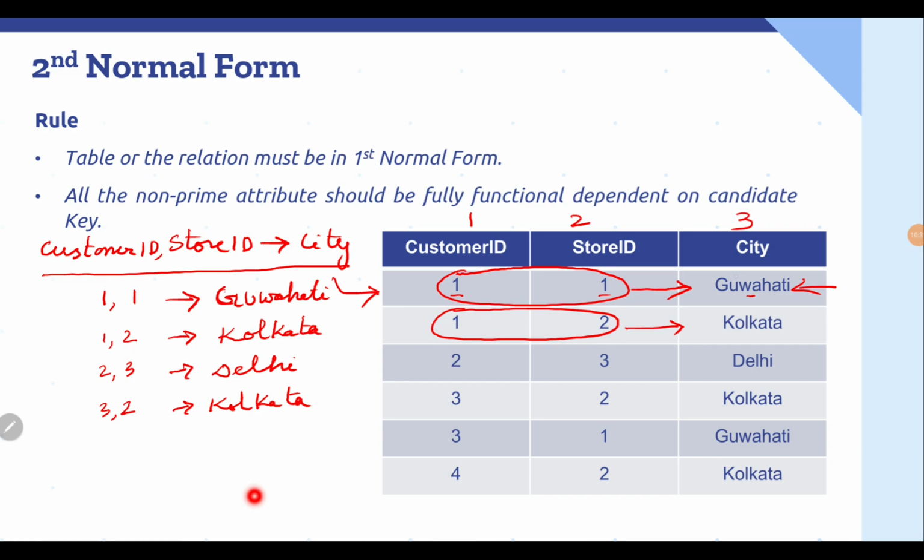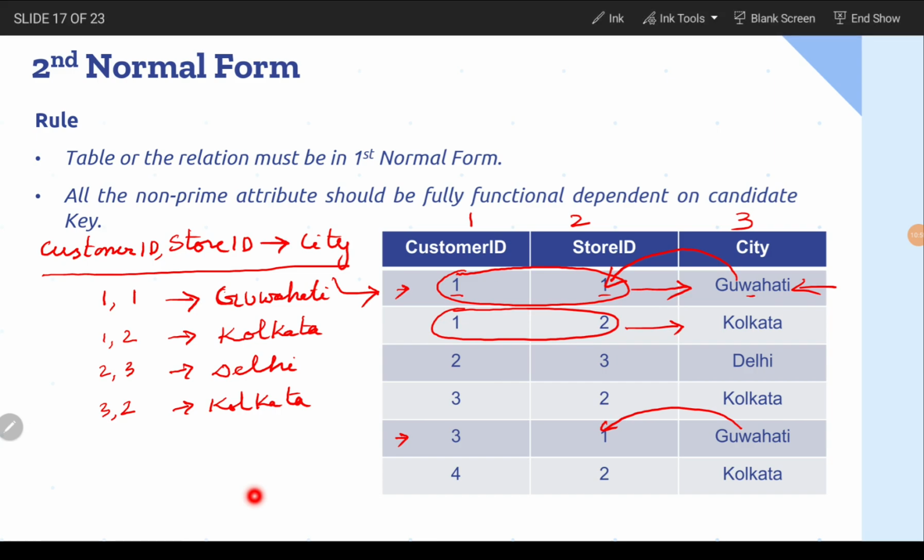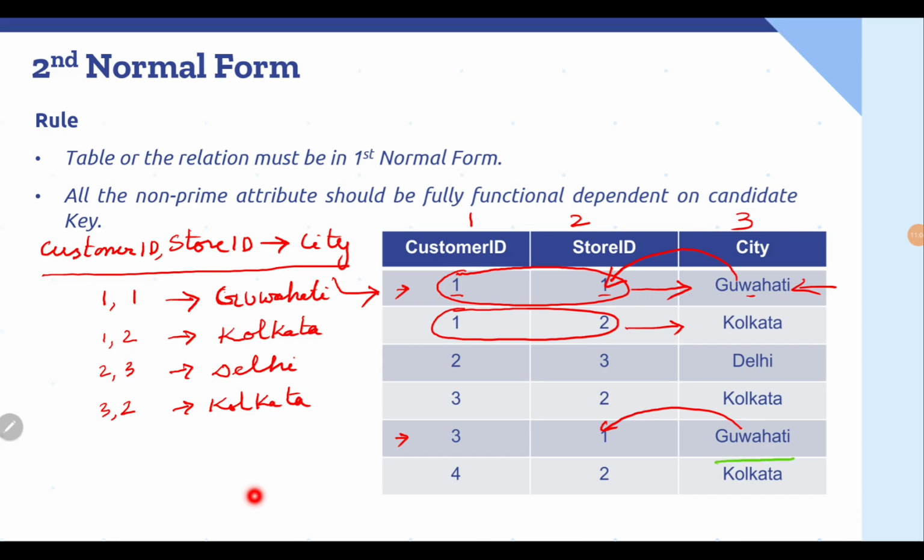If you look at the values, when it is Guwahati, the store ID is 1. Once again, when it is Guwahati, the store ID is 1, while the customer ID values are 1 and 3. So that means this column, city, is getting dependent on the store ID rather than the customer ID. Let's look at some other data, that is Kolkata.